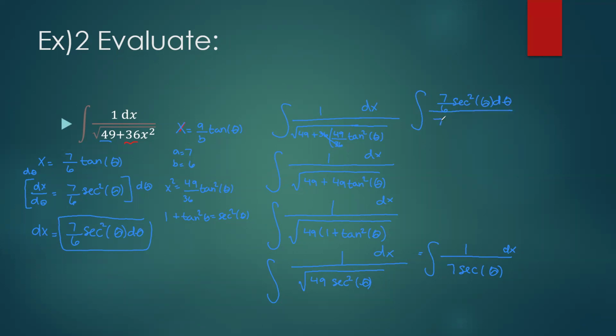And then you have 7 secant theta here. You could take out the 7 over 6 because that is a constant, and you can also factor out the 1 over 7.